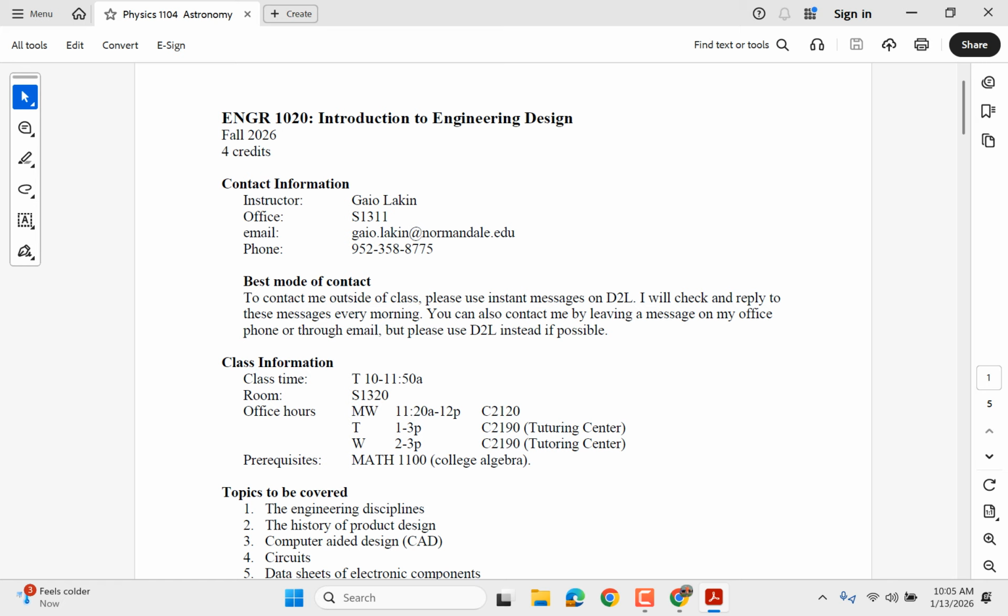But a good rule of thumb, a ballpark idea of how much work you should be doing for a 4-credit class: 4 credits means nominally four hours of lecture type stuff per week. And then for a college class, the general guideline is you should be doing 2 to 3 hours of work outside of class for every hour in class.